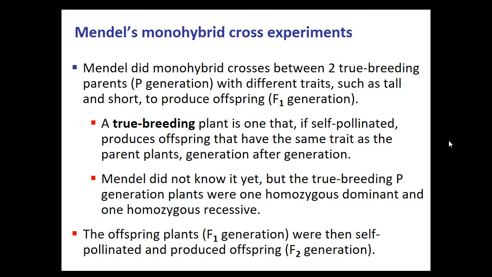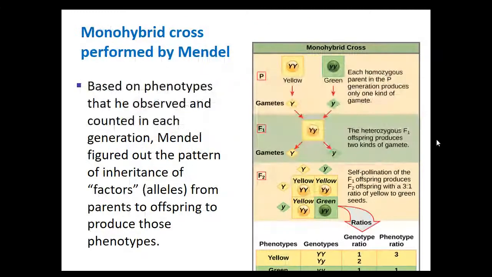Mendel didn't even know what a gene was at that time. He just knew they were true breeding. So he took one of each. He took a true breeding yellow plant and a true breeding green plant. They're labeled here, big Y, little y.